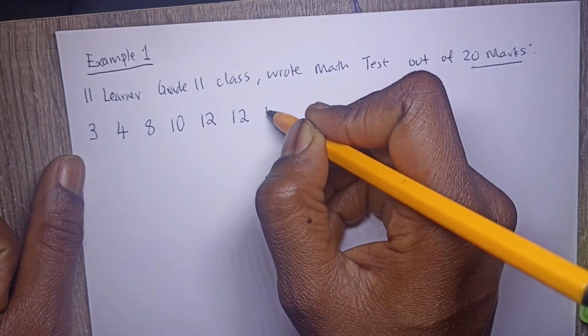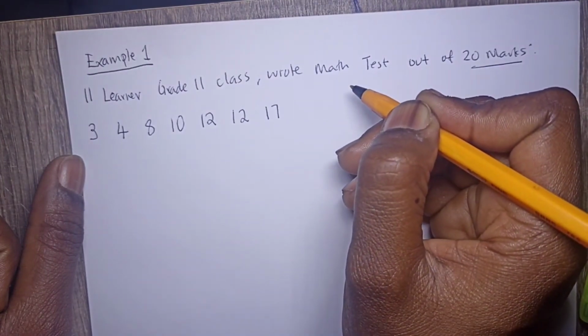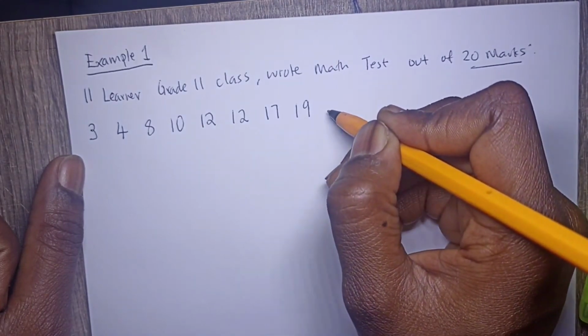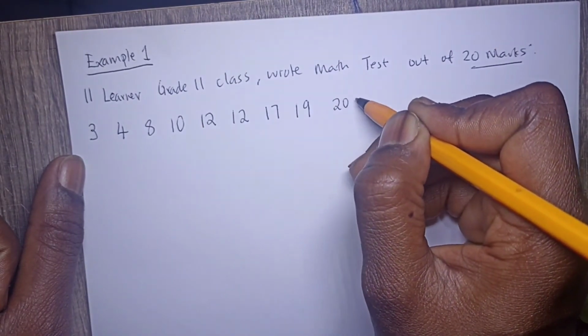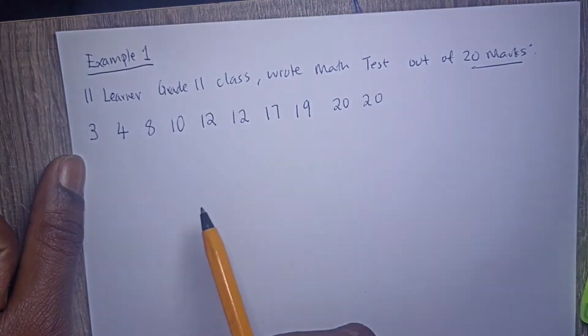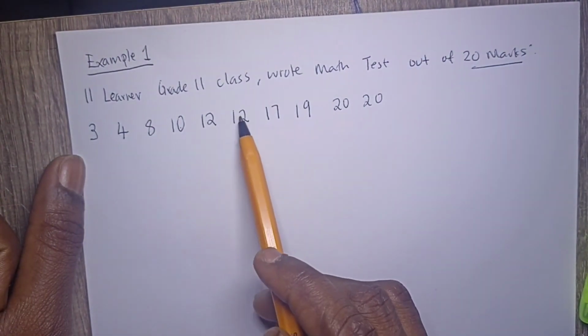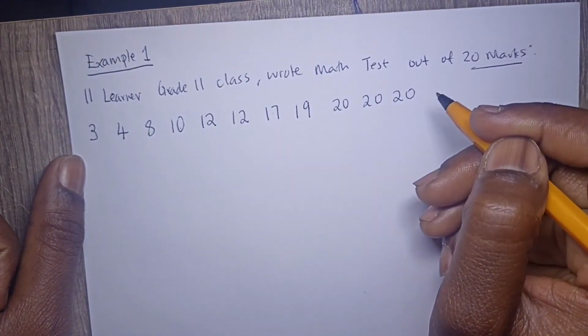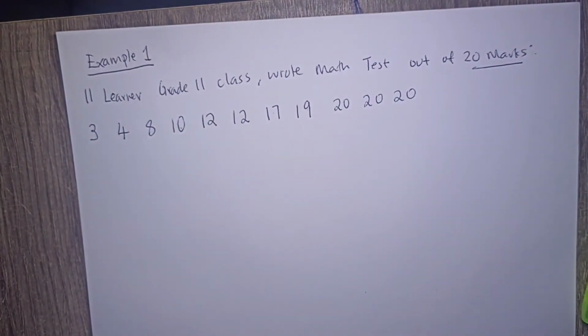Another person got 17. And then another person got 19. And then someone got, total, 1, 2, 3, 4, 5, 6, 7, 8, 9, 10, 11. Let's say 3 people got 20 marks.